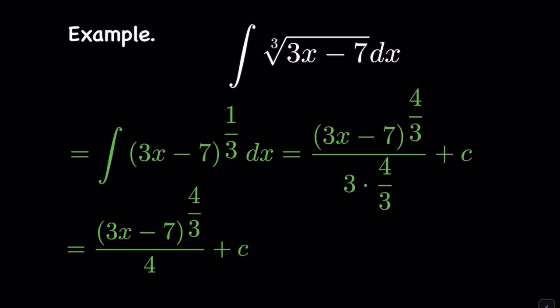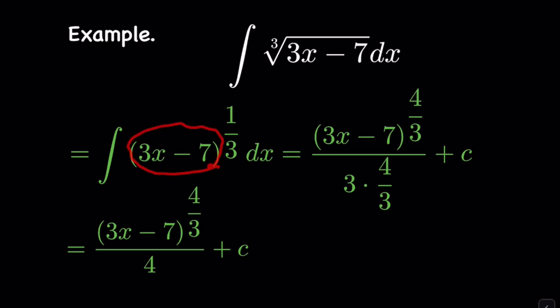Let's look at the next example. So here, we'd like to integrate the cube root of 3x minus 7. And again, notice that 3x minus 7 is a linear function. I can write it as 3x minus 7 to the power 1/3. And since this is a linear function, we can integrate this function the same way that we would integrate u to the power 1/3.